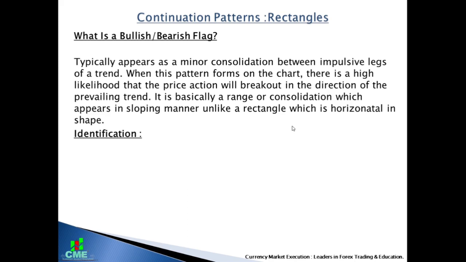When this pattern forms on the chart, there is a high likelihood that the price action will break out in the direction of the prevailing trend, that is, a continuation pattern, as we are talking about continuation patterns right now. So it is basically a range or consolidation which appears in a sloping manner, unlike a rectangle which is horizontal in shape. So that's what it is.